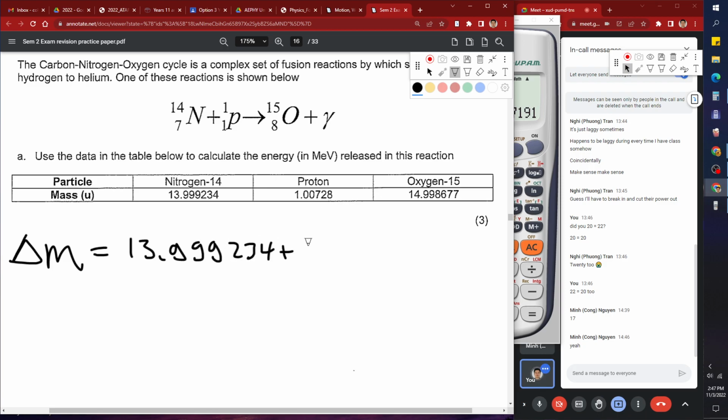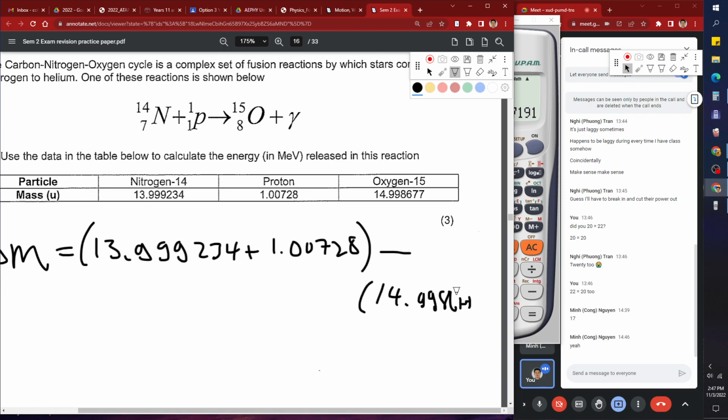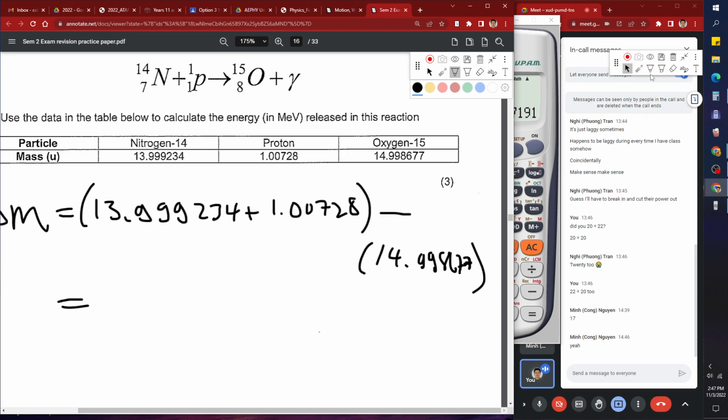999,234 plus 1.00728, all that minus the product side. There's no mass for the gamma, so it's just going to be 14.998677. Let's find that.